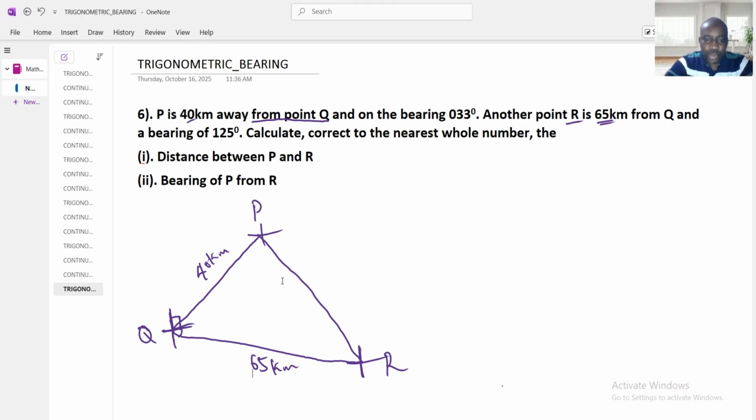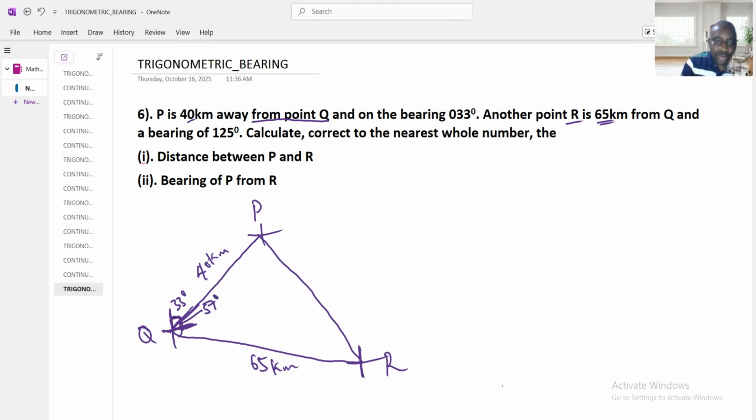Now, when you have a question like this, let's try and construct our angle. The bearing from here to here is 33 degrees. It means that the remaining part, where this place is a right angle of 90, is 90 minus 33. What will the interior angle here be? The interior angle here will be 57, isn't it?